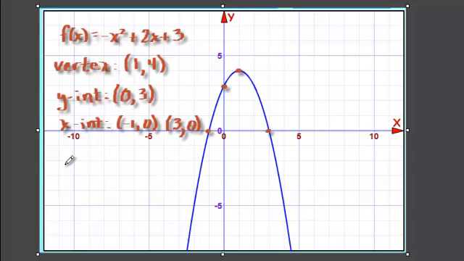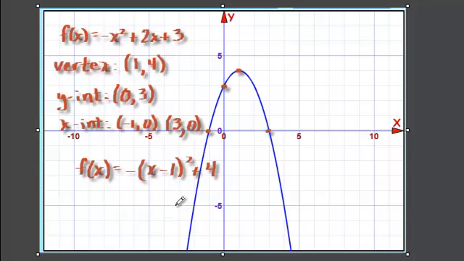The standard form for this particular function, I've completed the square on this one, and what it would look like in standard form is negative, because our leading coefficient is negative, x minus 1 quantity squared plus 4.